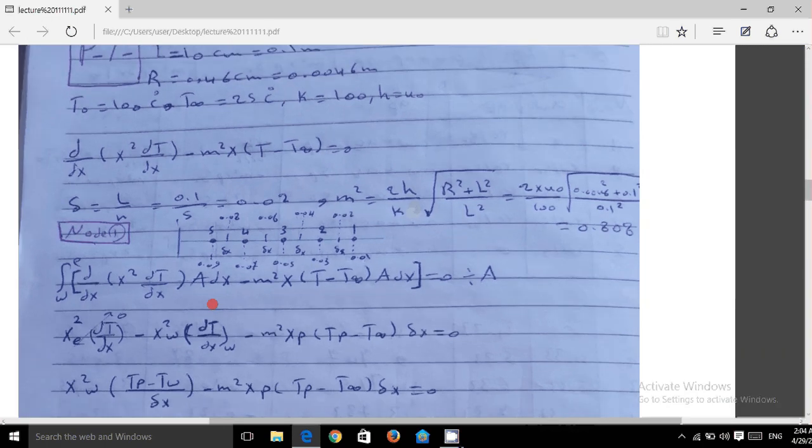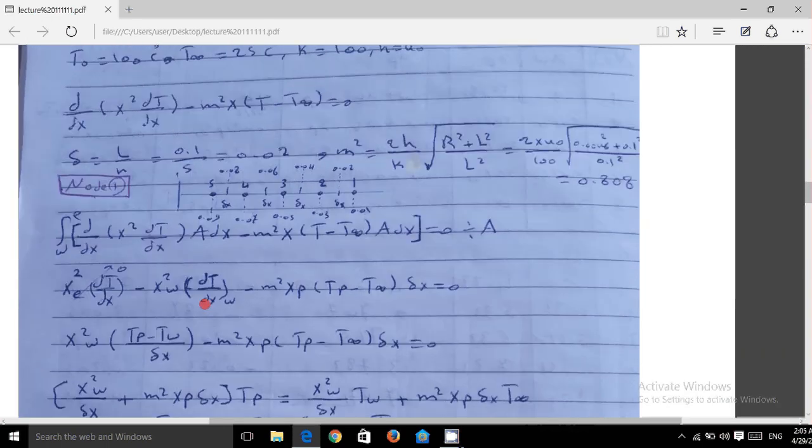Now we will start to integrate. At first, we will integrate at node 1. Node 1 is here. Node 1 from west to east, d over dx of x squared dT over dx. I will integrate the equation that he gave me, and by dividing by the area, A dx is the volume.